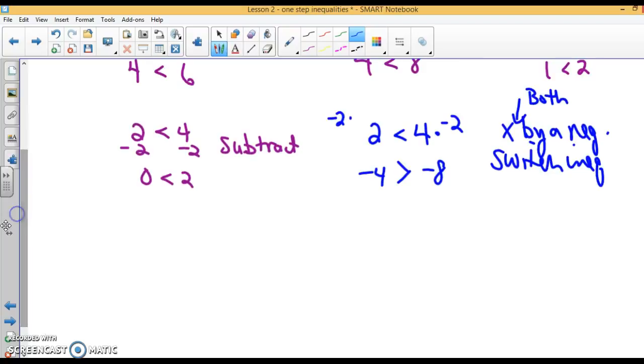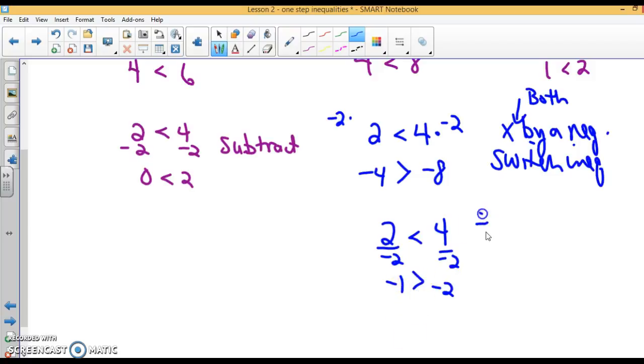Let's look at dividing by a negative. So again, we start with the inequality, 2 is less than 4, which we know is true. Let's divide both sides by negative 2. 2 divided by negative 2 is negative 1. 4 divided by negative 2 is negative 2. Look, negative 1 is greater than negative 2.